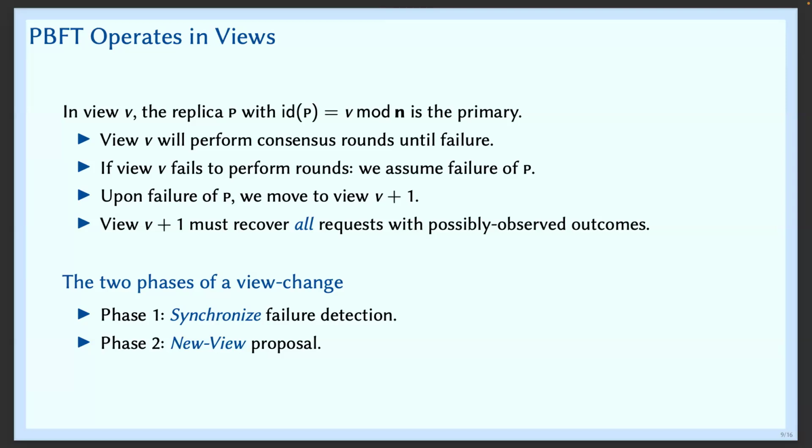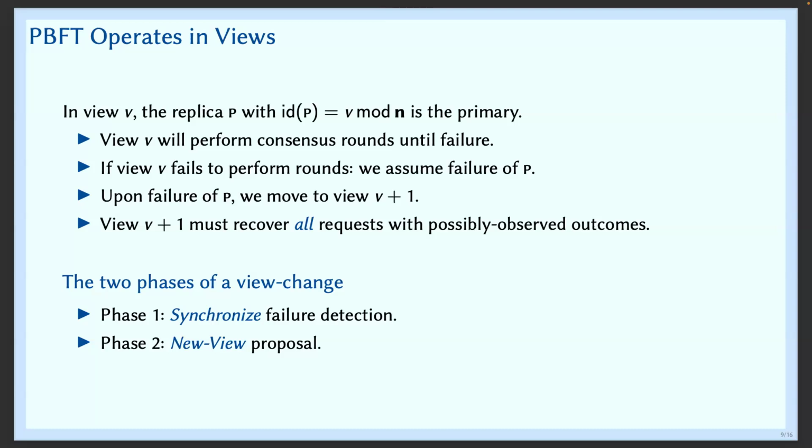You have to decide who you are going to vote for. If there are multiple replicas thinking that they're primary, then none of them will be able to collect a quorum. So it's important that we always have one leader that the majority agrees upon. That becomes the view synchronization.